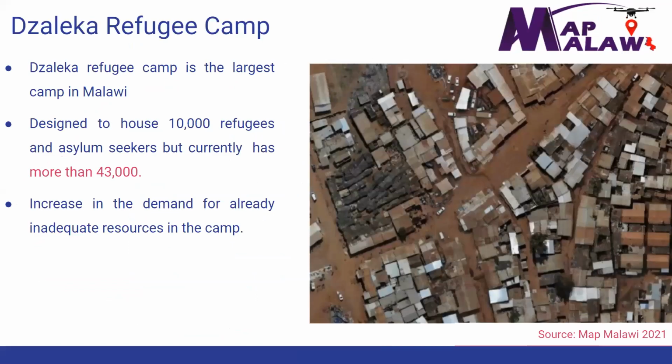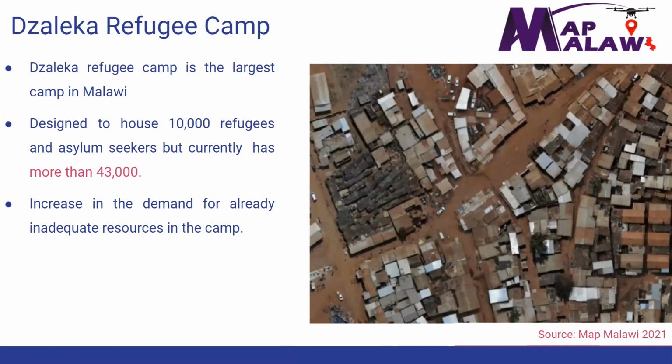So Dzaleka refugee camp is located in Malawi and is one of the largest camps. It's located just 50 kilometers outside of our capital city, Lilongwe, and it was established in 1994 by UNHCR in response to the surge of forcibly displaced people.